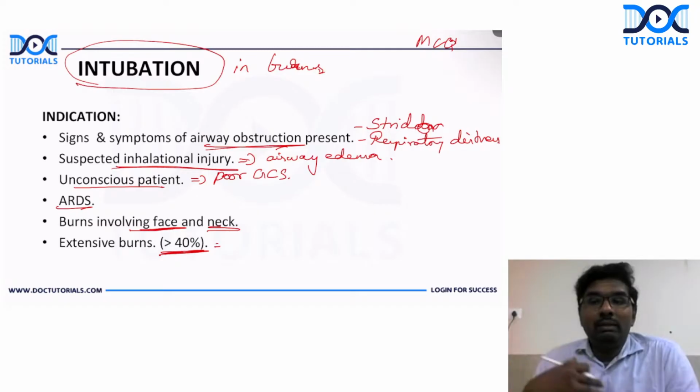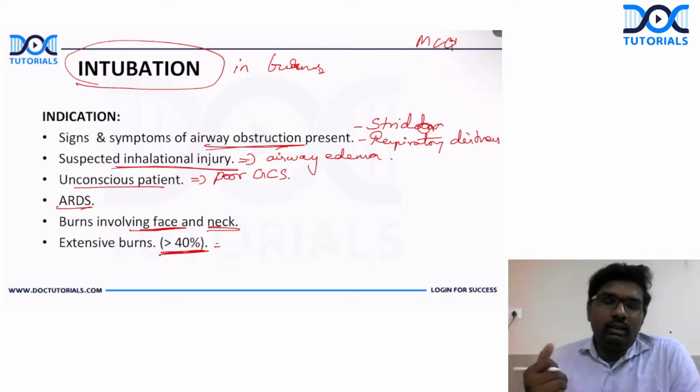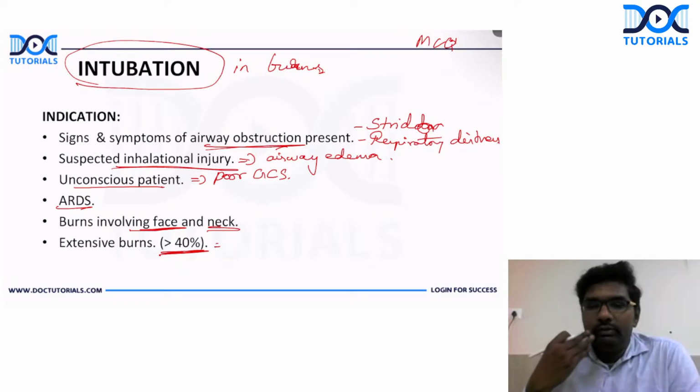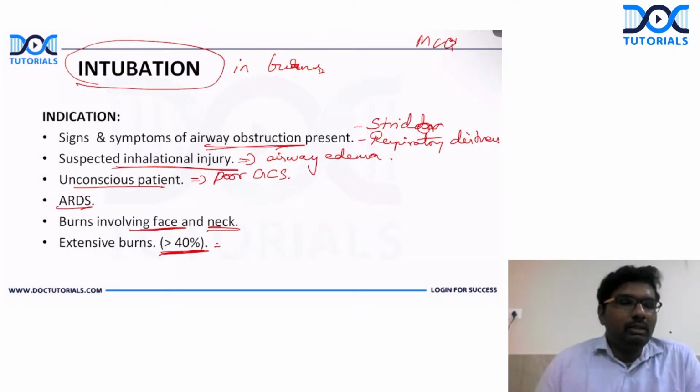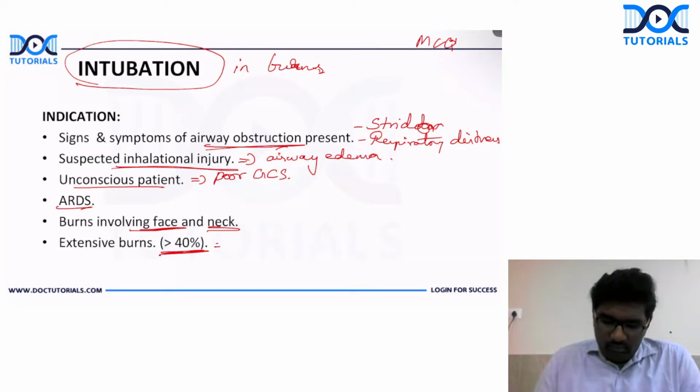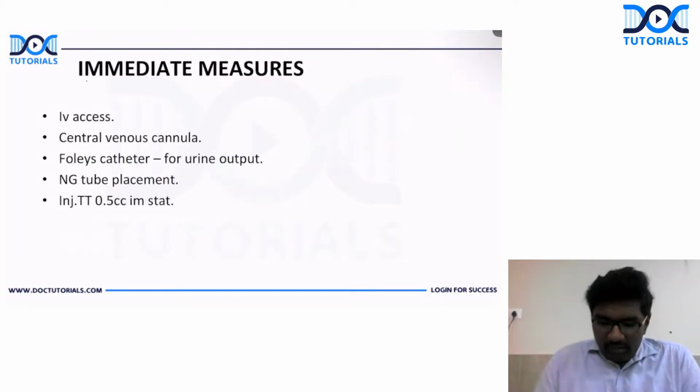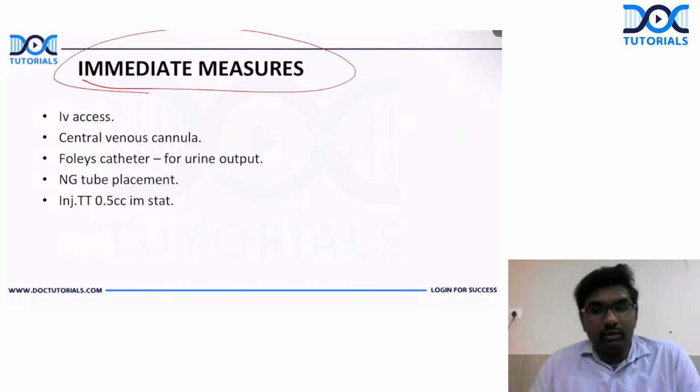If the patient has developed acute respiratory distress syndrome, then we go with intubation. And with burns involving the face and neck, intubation is indicated. In case of extensive burns, involvement of more than 40% of the total body surface area, intubation will be the better option.